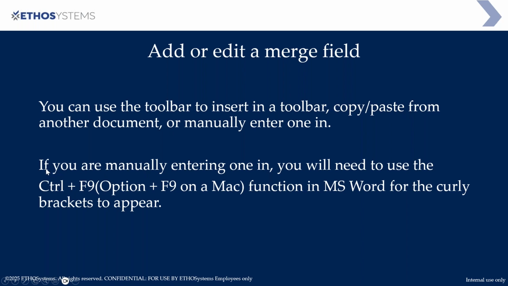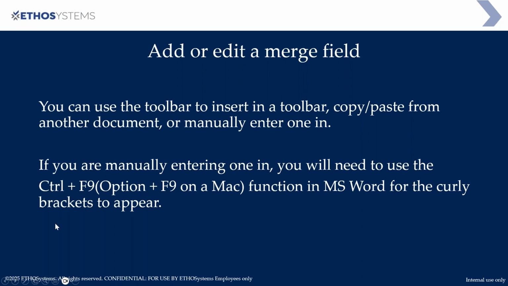Okay. The other option is to manually enter in one. So if you are going to manually create one and you know what that merge field name is, you can use the Control plus F9 keys on your keyboard to bring in those curly brackets. If you're on a Mac, then it's Option plus F9, okay, in the Word document.